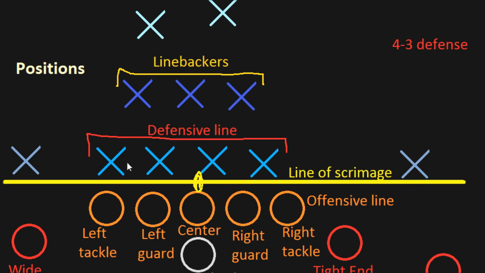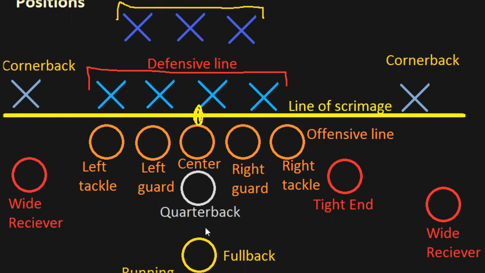So this is where you get the 4-3, and then on both sides, usually defending our wide receivers here, we have the cornerbacks. He's a cornerback, and this guy opposite him is also a cornerback, not to be confused with a quarterback.